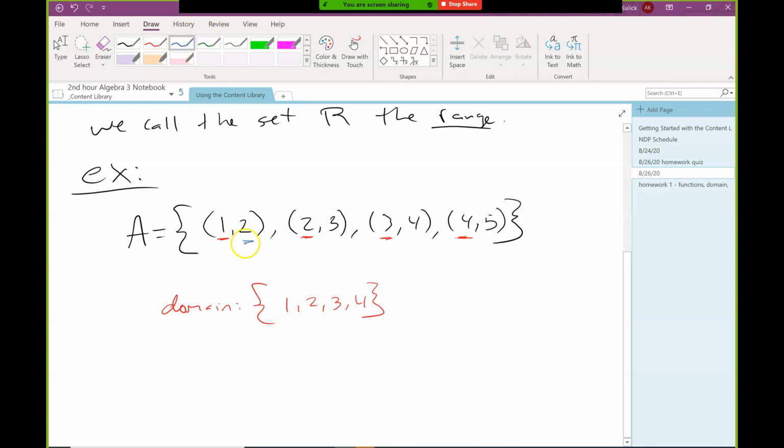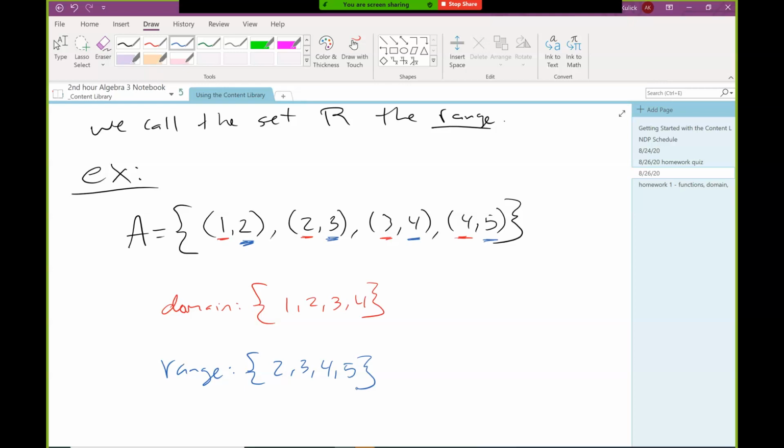And we said that the range is the y values. So our range is the set 2, 3, 4, 5. Is that okay?